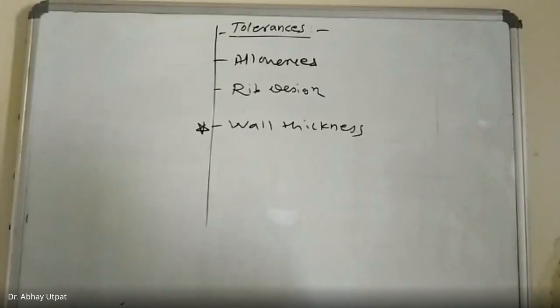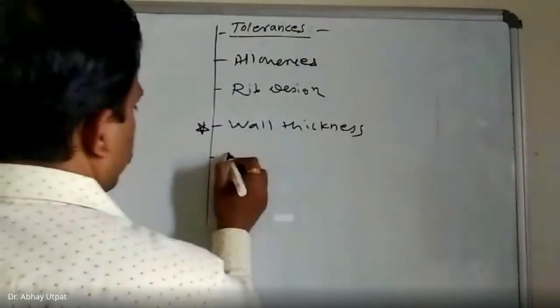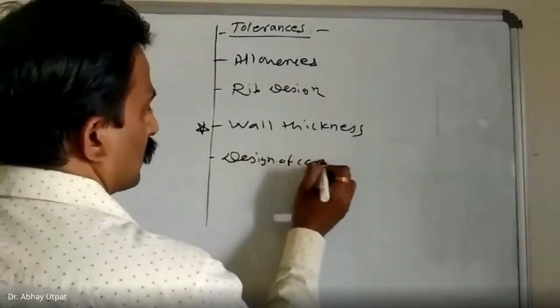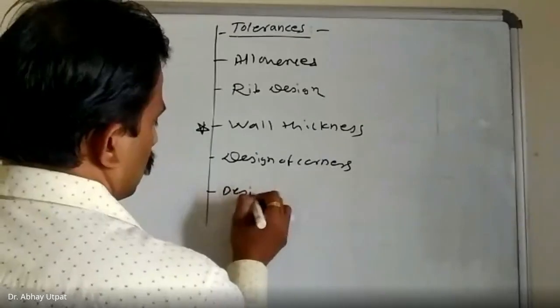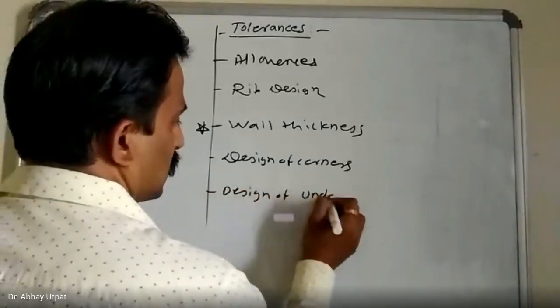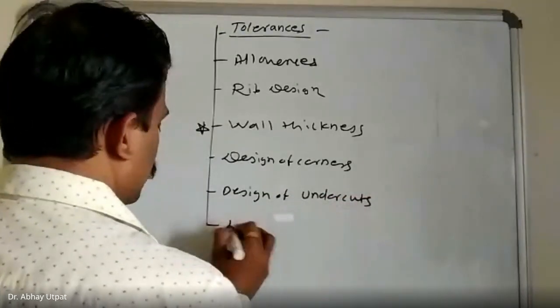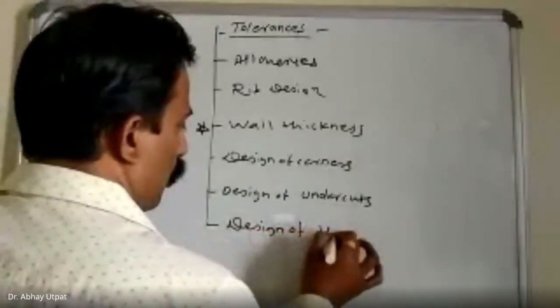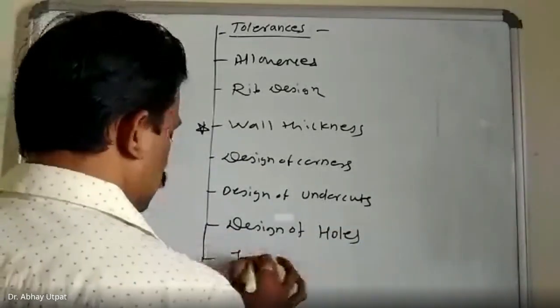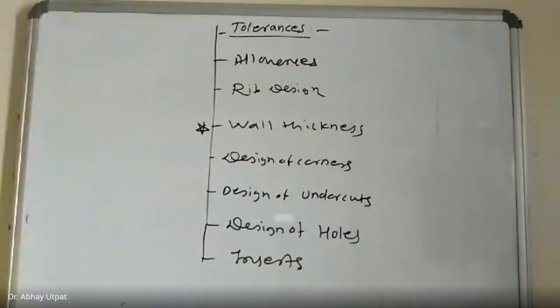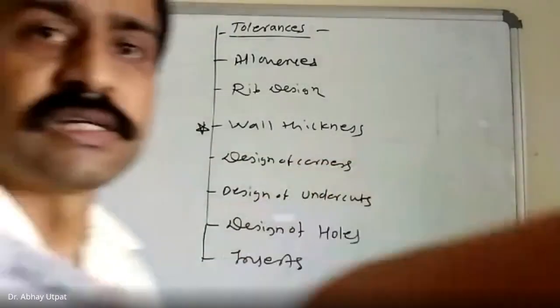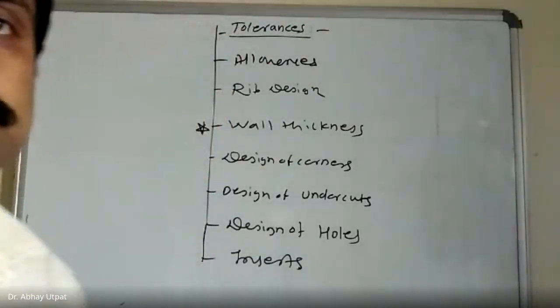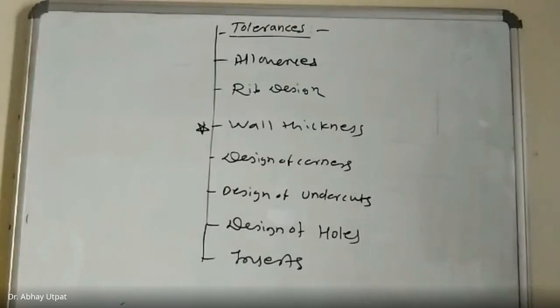Then after rib design and wall thickness, design of corners, design of undercuts, design of holes, then inserts.